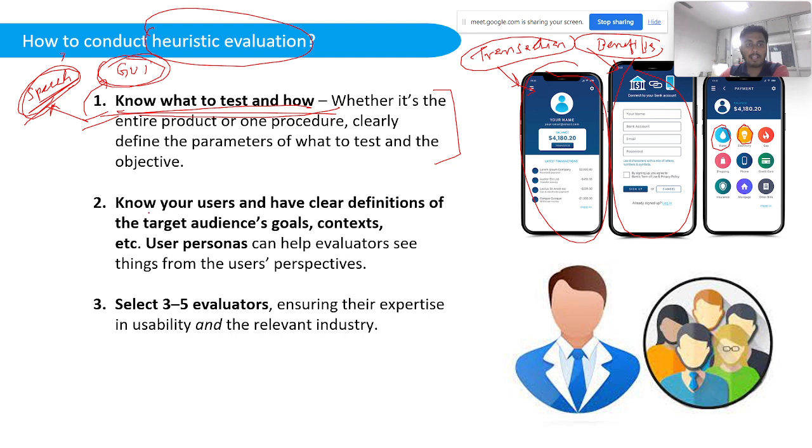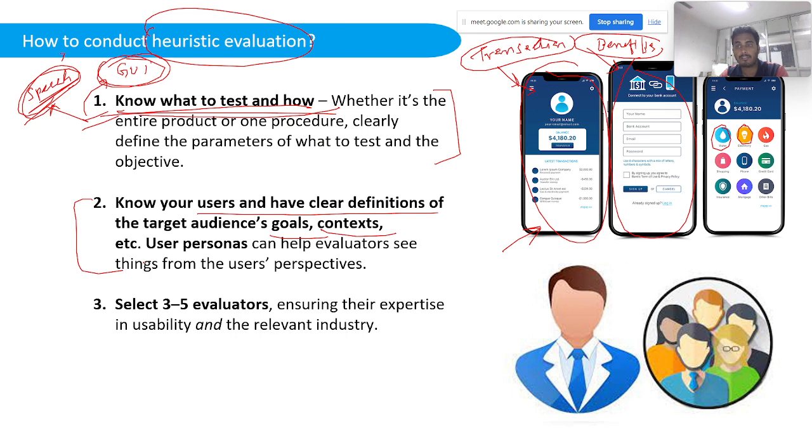Then second thing is you need to give details about users, the end users who are going to use that particular application or system, and what are their goals, the context in which they will be using it. All that information needs to be provided to the experts, because experts may not be part of your study when this particular project or activity was carried out.